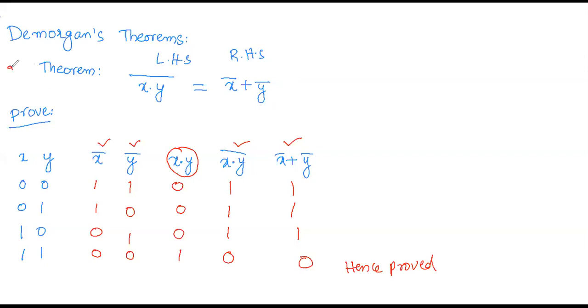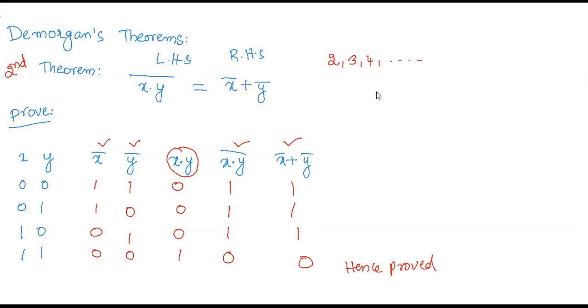And coming to the first theorem, it is shown here for two variables, x and y, but this theorem is also valid for more than two variables: 2, 3, 4, 5, n number of variables.